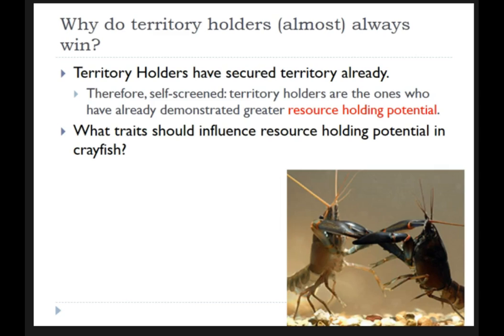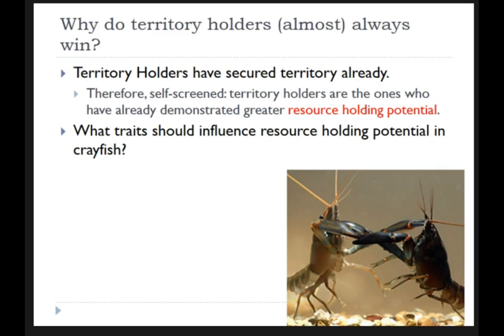But to me this is a nice segue. One explanation is that you've already self-screened your territory holders most of the time. For an individual to be holding a territory, that means he's done something right before.